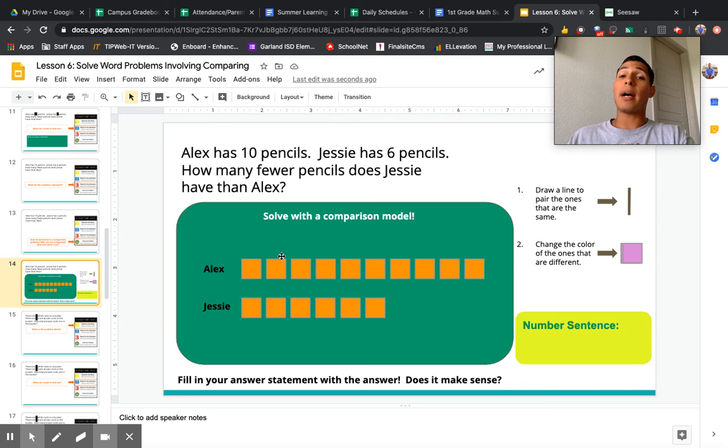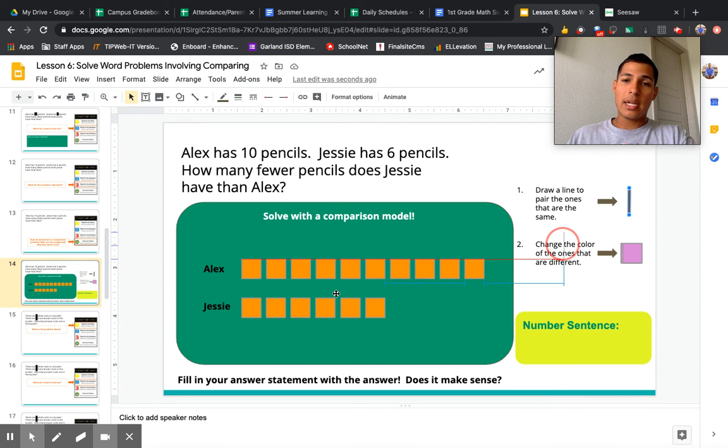Perfect. Here's our model. Solve with the comparison model. Our model is made for us, just like it will be in our assignments. We will just have to be connecting our pairs, right? So, step 1, draw a line to pair the ones that are the same. So we're pairing the ones that are the same already, guys.